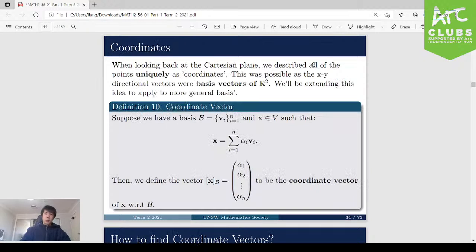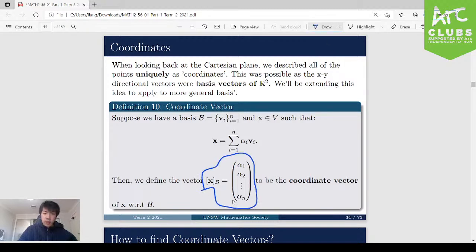The next thing we have a look at is coordinates. So I briefly talked about this already before. It's basically the idea that we can uniquely express the linear combination, right? So if you have a basis B composed of vectors V and some x within the vector space V, then when you write x as a linear combination of all these vectors V, all these scalars, like all these alphas in the front, all these coefficients here, can be composed together to create a vector like this.